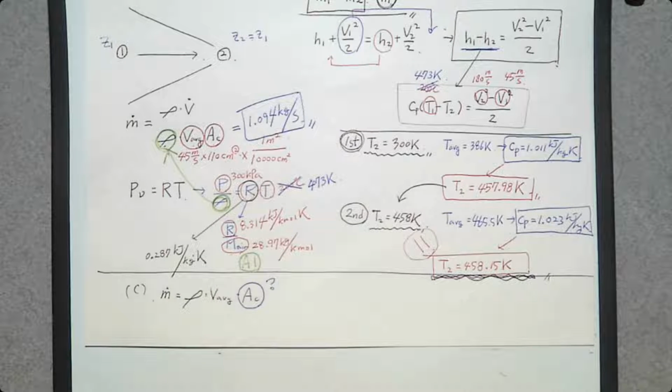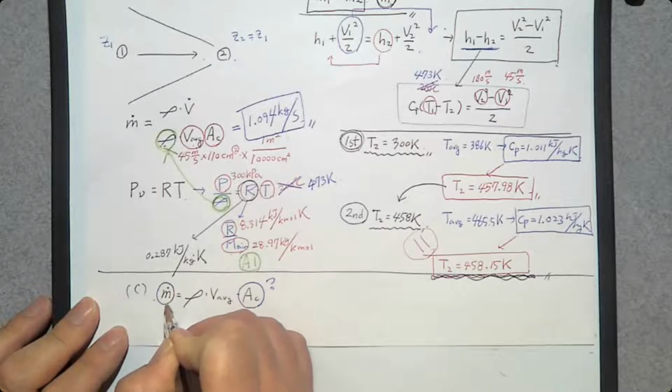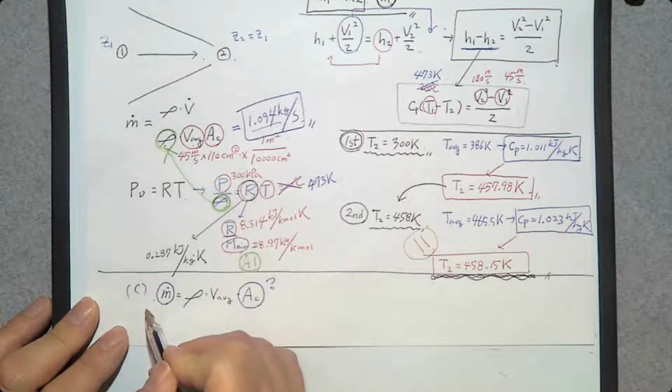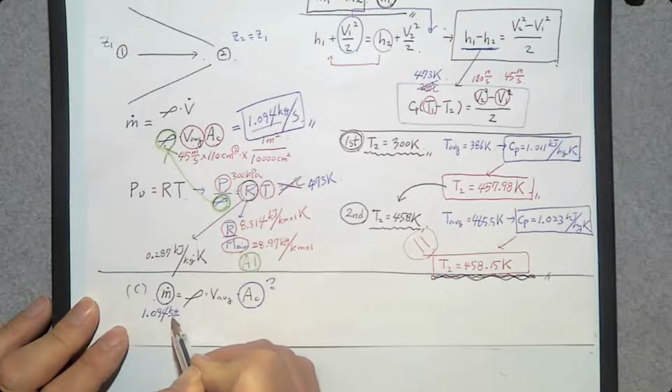Wait a minute, isn't it the mass flow rate at the inlet? Yes. Can we use the same value at the exit? Yes, because of the conservation of mass principle. So the mass flow rate at the exit is going to be 1.094 kilogram per second.